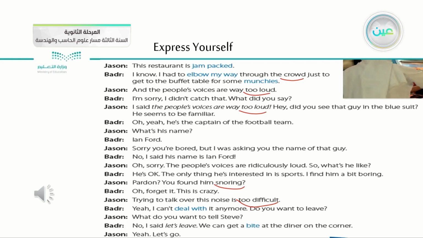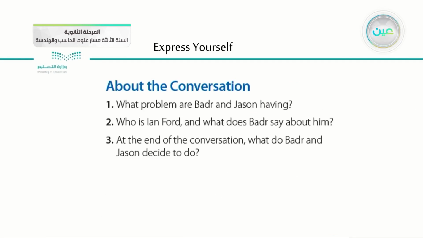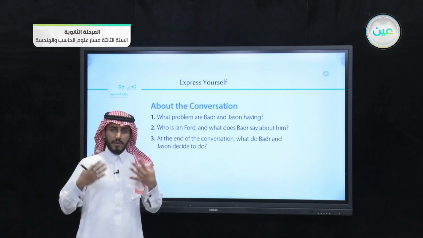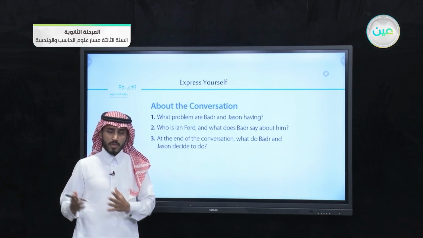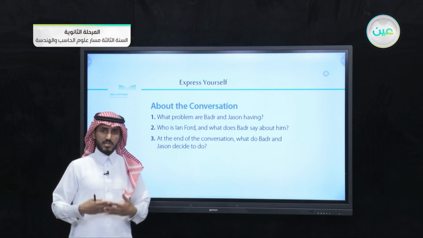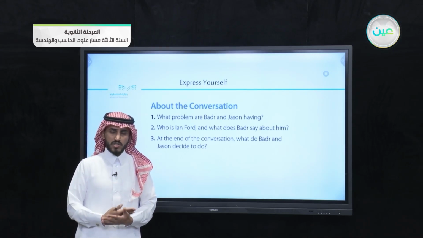After we have listened to this conversation, I think now you are ready to answer some of the questions about it. Number one, what problem are Badr and Jason having? We have talked before about the proper way of answering the post-reading questions.